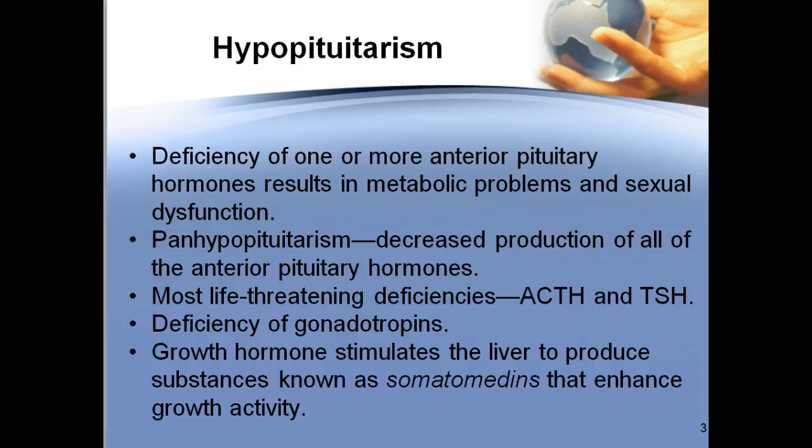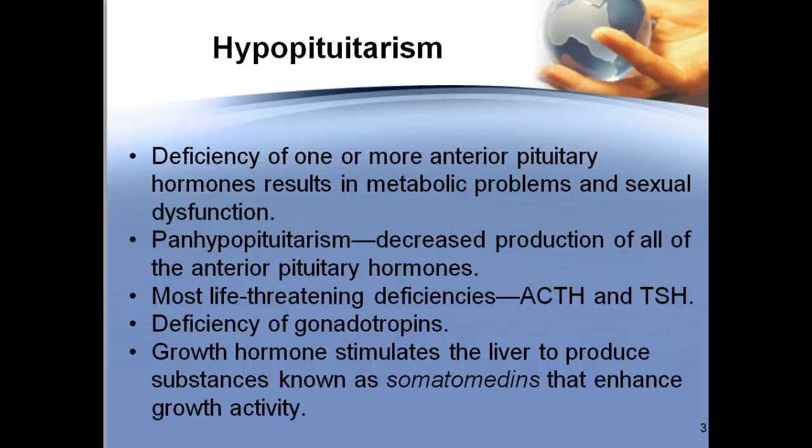So if you're not having enough of the hormones, remember earlier I was telling you a list of the various hormones that were produced in the anterior pituitary: the growth hormone, the thyroid stimulating, the corticotropin, the follicle stimulating, luteinizing.